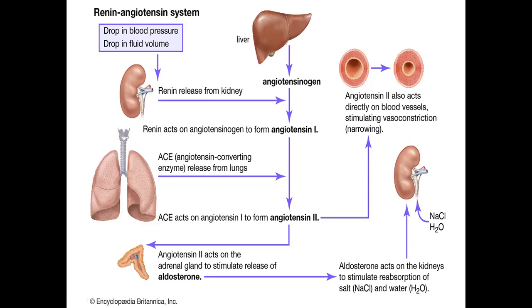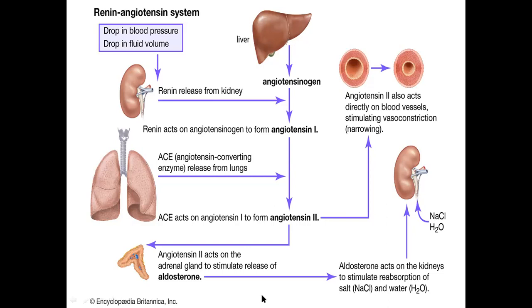So the RAS, when it produces angiotensin 2 and aldosterone, will firstly cause vasoconstriction, which increases the blood pressure, and the aldosterone will cause reabsorption of water and salt in the kidney. So this is how the RAS acts.